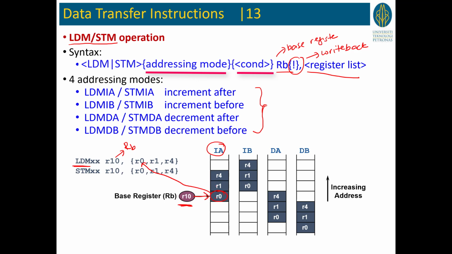And then 4 addresses after that is going to be transferred into R1, and 4 addresses after that is going to be transferred into R4. So we are talking about increasing address here. So the address increases from bottom to top.